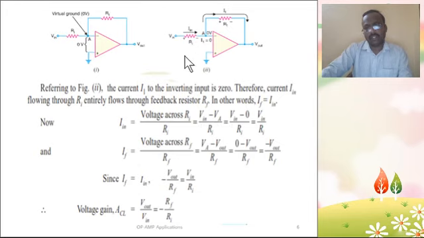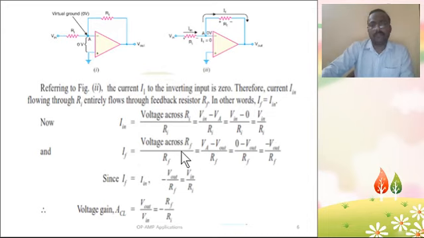This is equal to Vin minus node voltage, which is 0. At this point voltage is equal to 0, so VA equal to 0, divided by Ri. So we get Vin divided by Ri, that is the input resistance.